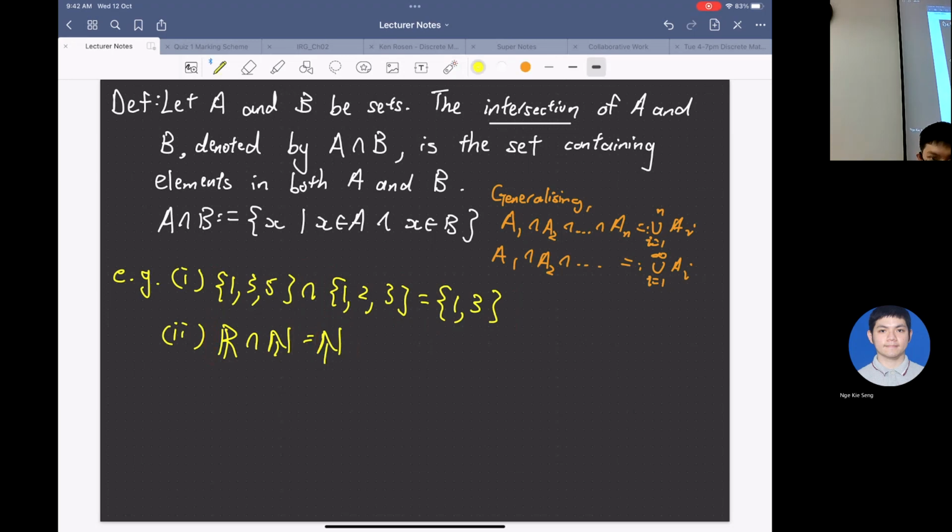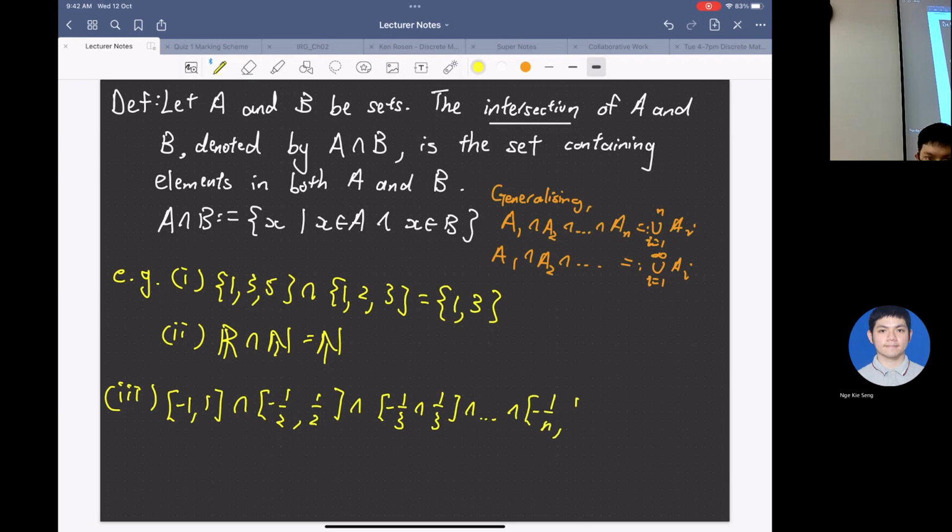How about this one? Take a series of intervals here, from minus 1 over i to 1 over i.